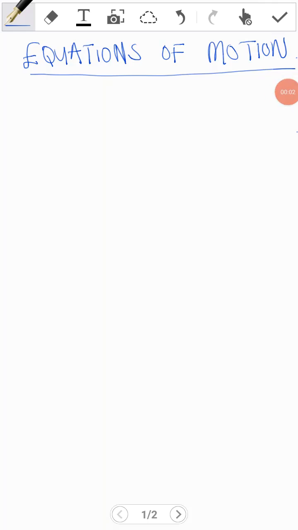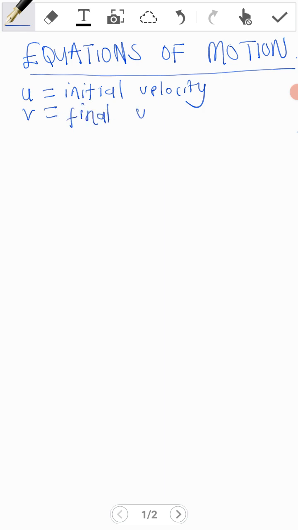To actually deduce the equations of motion, we first have to know these basic things. So first, know that U is for initial velocity, V is for final velocity, or what some people would just say velocity.